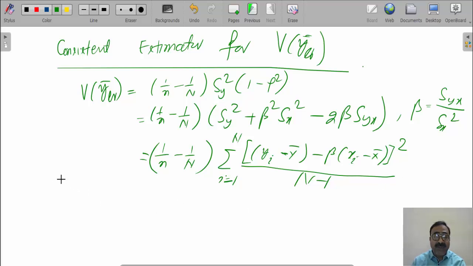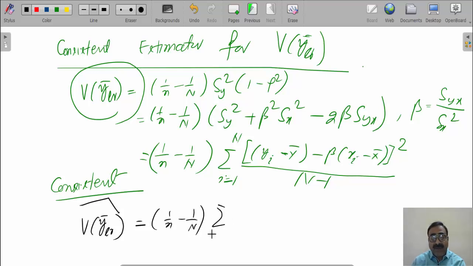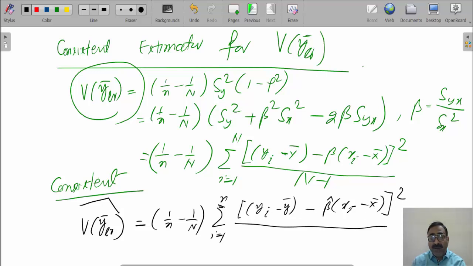So a consistent estimator of the variance of the linear regression estimator is given by (1 by small n minus 1 by capital N) summation i equal to 1 to small n of (small yi minus small y bar minus beta cap (xi minus x bar)) whole square by n minus 2.